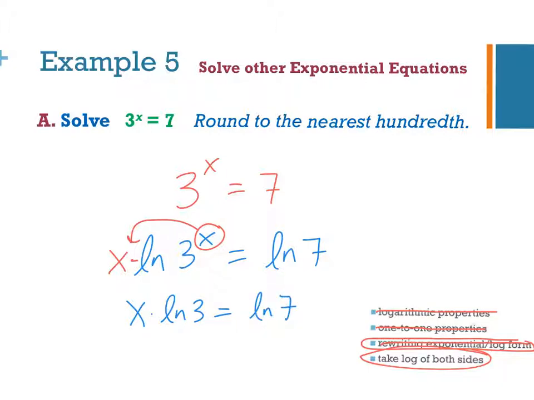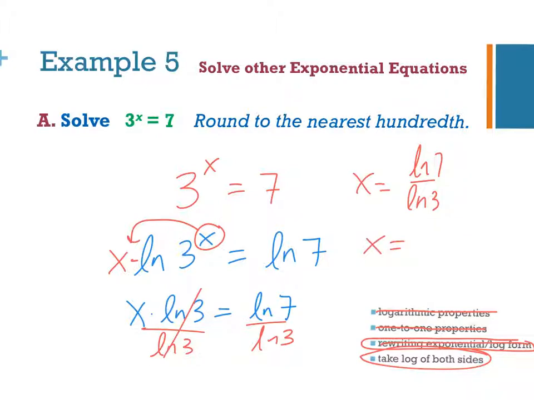And since we're trying to get x by itself, it makes sense that we would divide by the natural log of 3 on both sides, and our answer would become x equals natural log of 7 over natural log of 3. When you do this on your calculator, I believe you get 1.77.